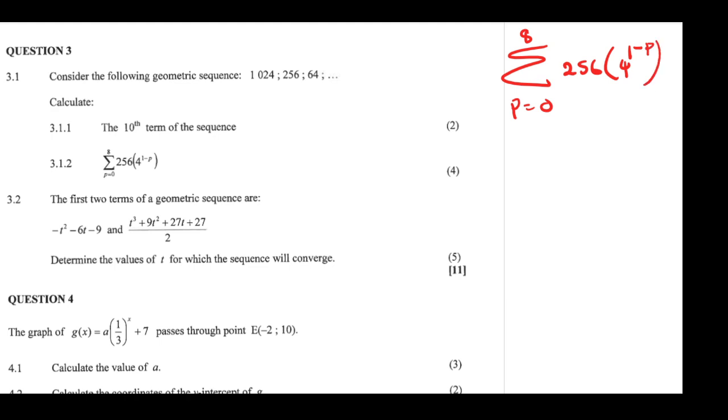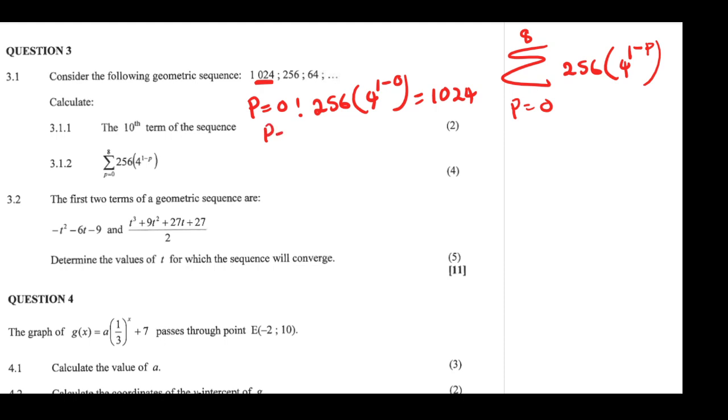When you want to identify the sum of this, you first need to identify the first 3 terms. So when p is equal to 0, the term is 256 into 4 to the power of 1 minus 0, and if you punch your calculator, you get 1024.